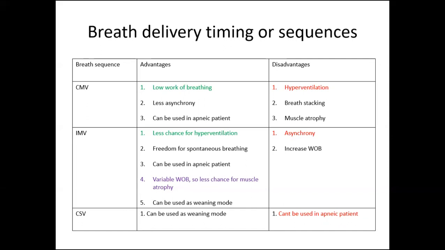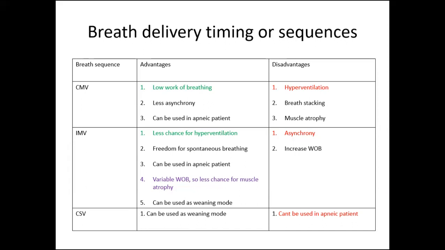Like when you put the pressure support mode, your assistance will be less. But in CMV, which I will call assist control, ACV modes, whatever extra breaths the patient takes, 30, 40, 50, he will get the full support. That's why he can hyperventilate. He can wash out the CO2. He can generate more minute ventilation.